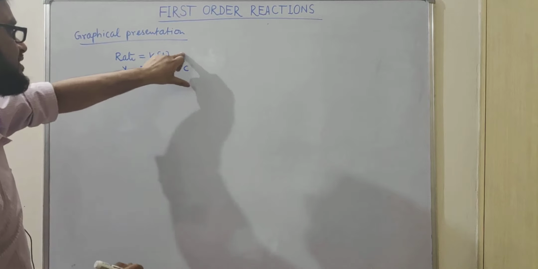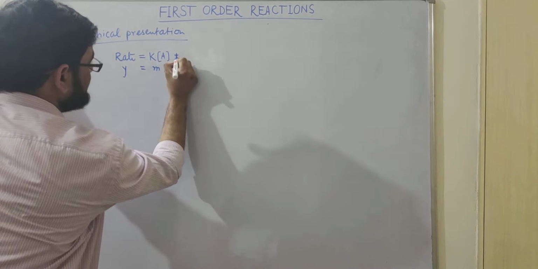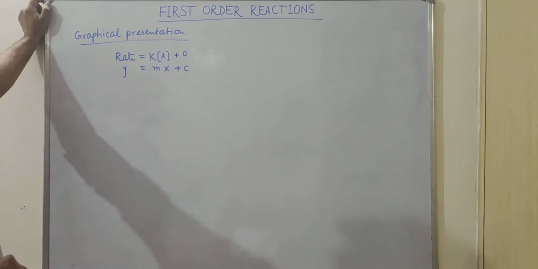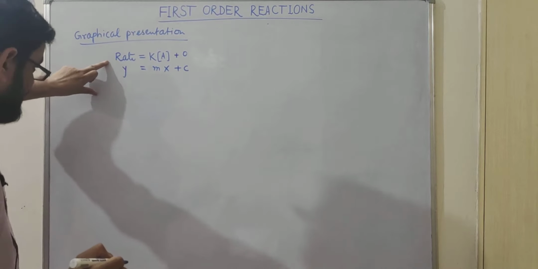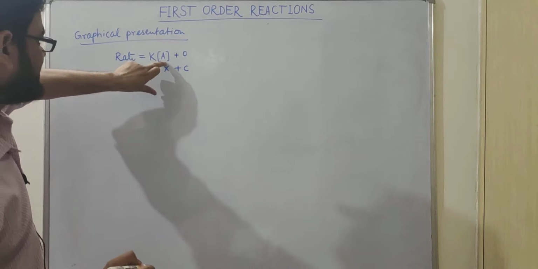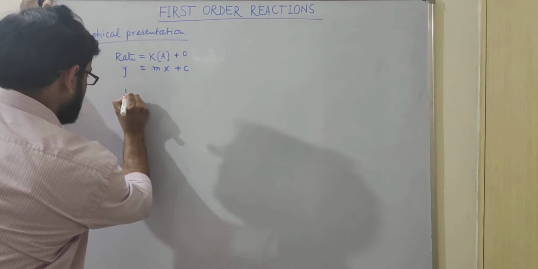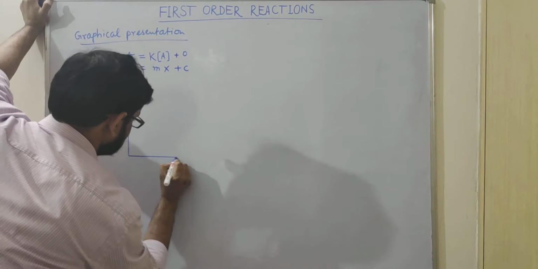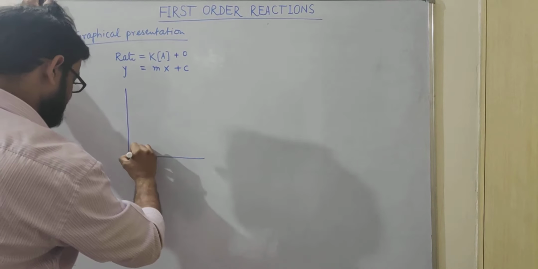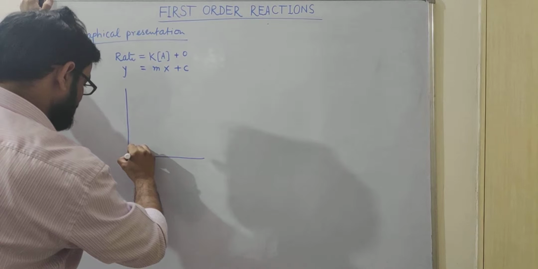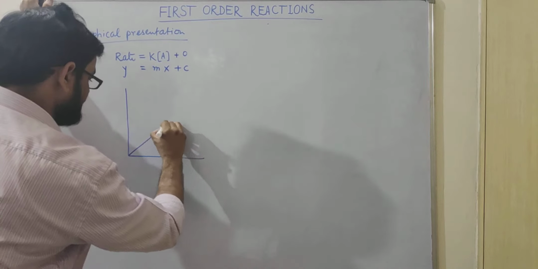In this equation there is no c, so the value of c will be equal to 0. So if we plot rate against different concentration of the reacting species, we will get a straight line that will be passing from 0, that will start from 0.